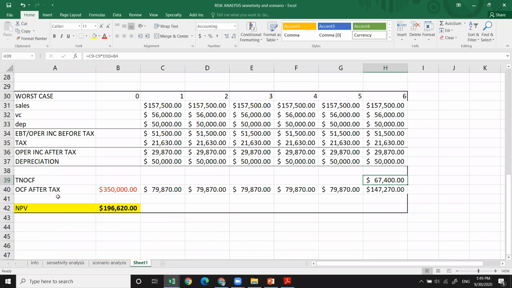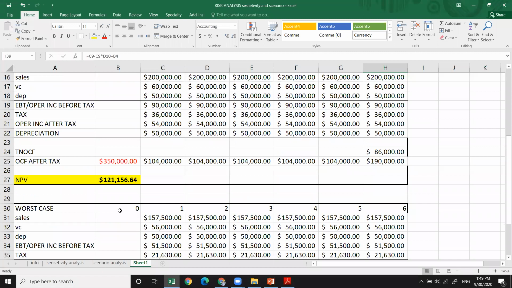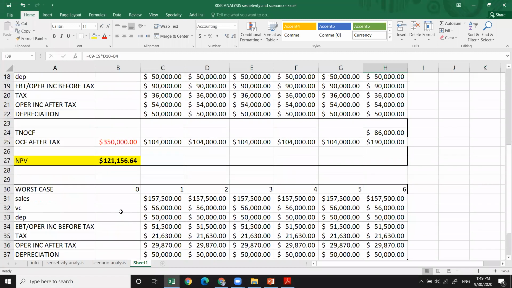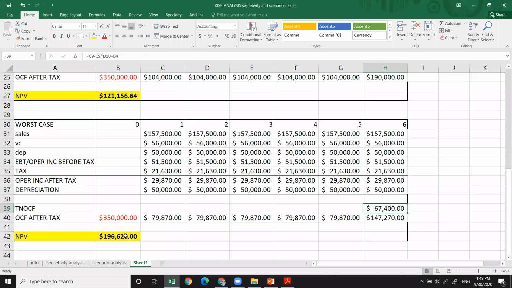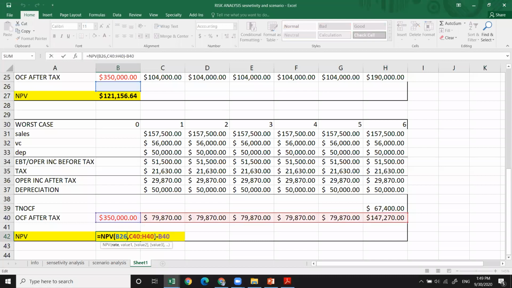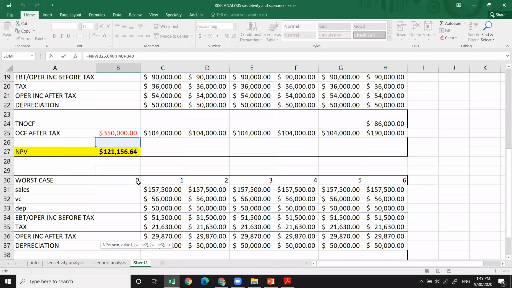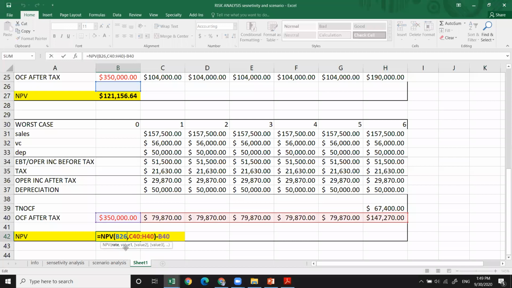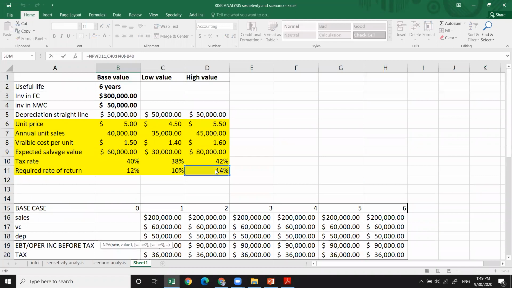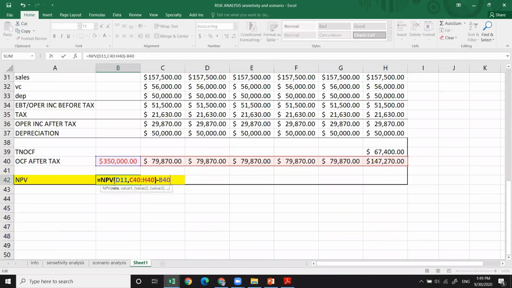So as you can see in the worst case, even the NPV, but why is my worst case higher in NPV? That makes the things, of course. My rate is 14%.